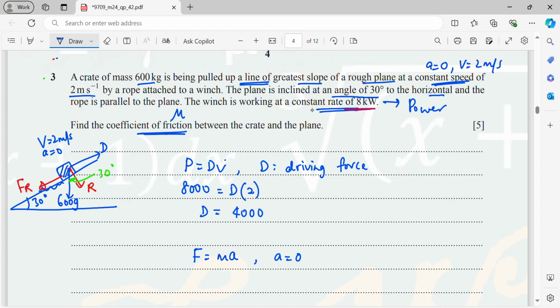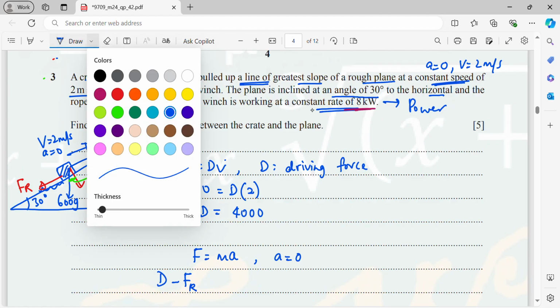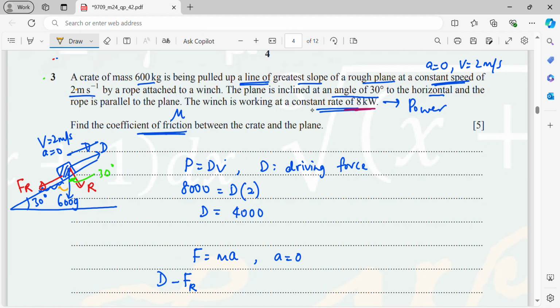Since this is going up, going up is considered positive. So now I have to resolve all the forces. Of course, at first the D is pointing upwards, and then minus Fr because the Fr is in the opposite direction, and then at the same time I need to resolve this 600g.